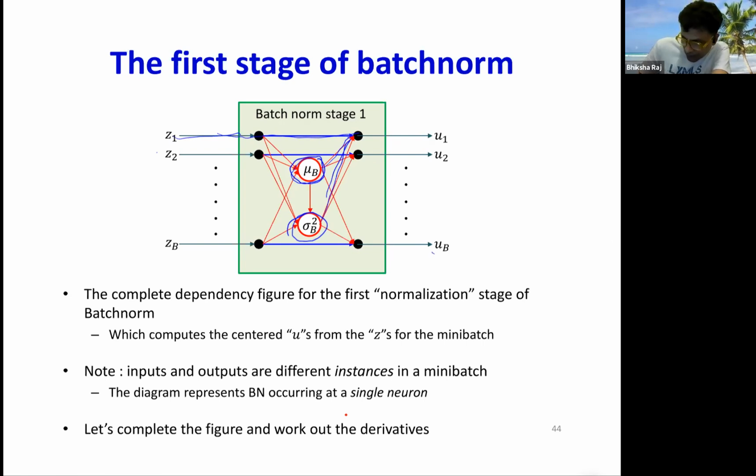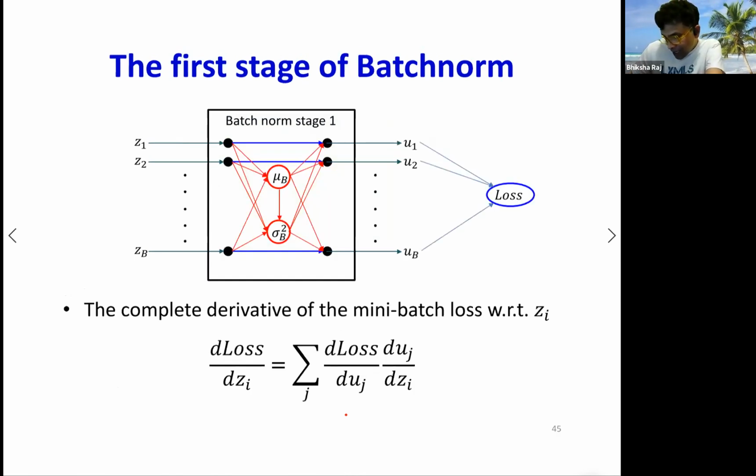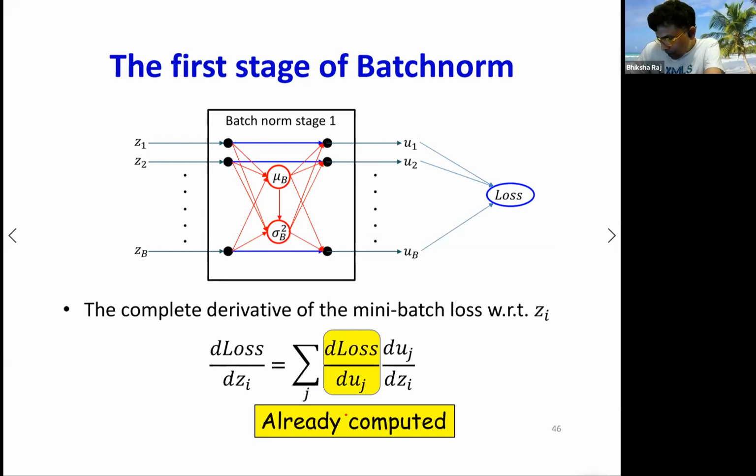And so if I want to compute the derivative of the loss with respect to any z, I actually have to sum over all of these u's, and I'm going to sum the d loss over du times du over dzi. The tricky piece that I have to compute over here is this.